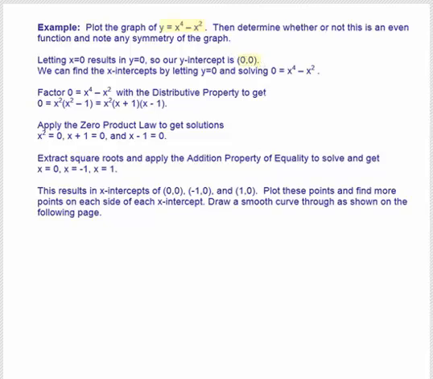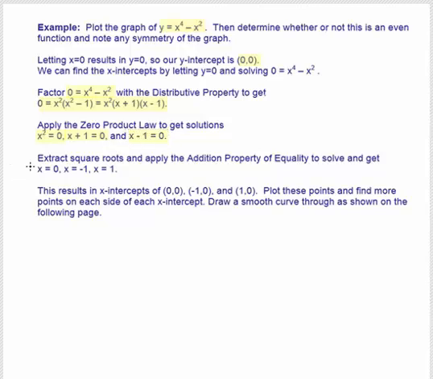We have to also let y equal 0 and solve 0 equal x to the fourth minus x squared to find the x-intercepts. We factor that expression and we get 0 equal x squared times x plus 1 times x minus 1. We let each factor equal 0 by the zero product law, and we get x squared equals 0, x plus 1 equals 0, and x minus 1 equals 0.